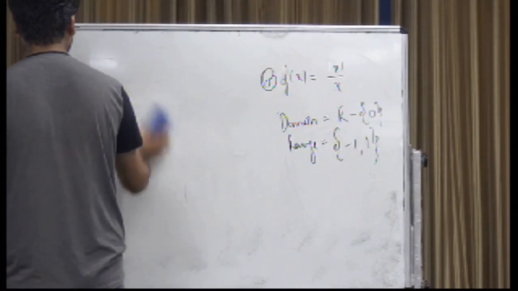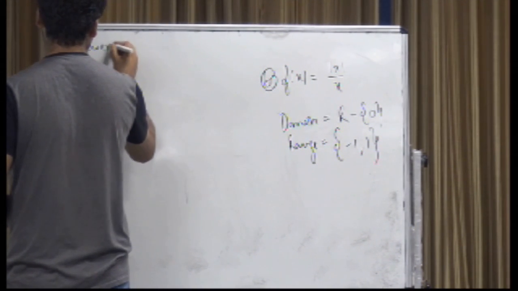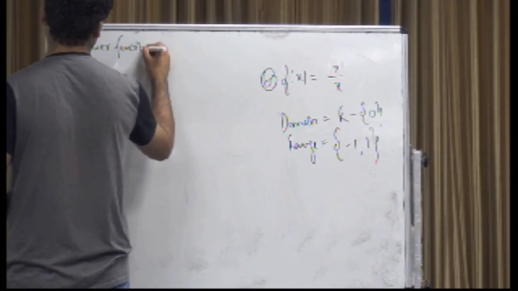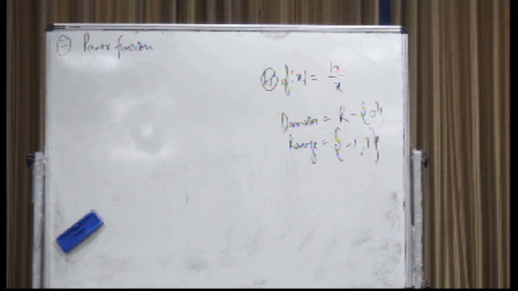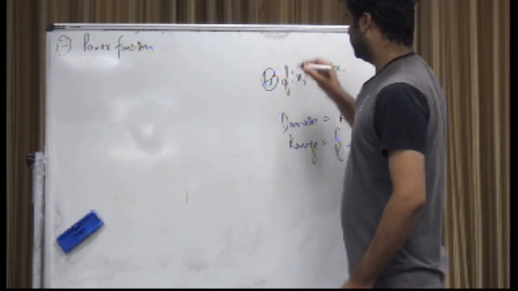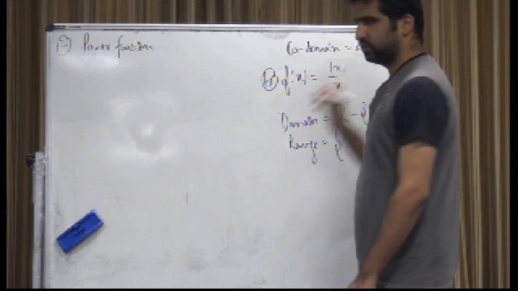So next, write down the power function. Now the codomain in 99% of the cases is all real numbers, unless it is mentioned otherwise.